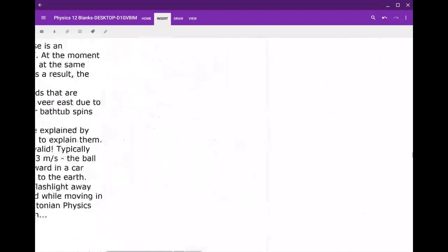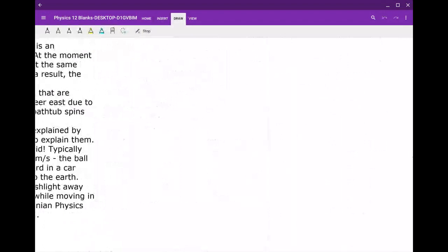So let me go ahead and draw this. I've got some kind of car, top view of the car. There's somebody here and somebody here. This person is standing here looking in that direction, and this person is standing right inside the car.